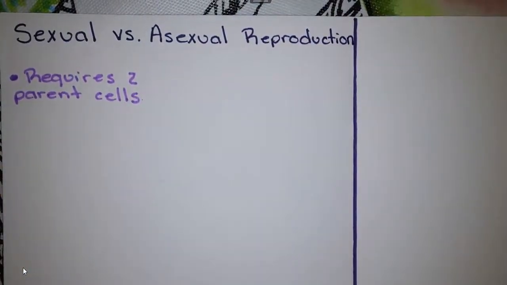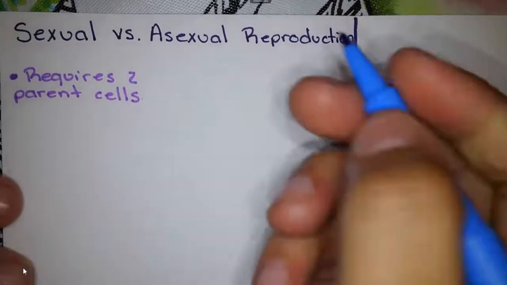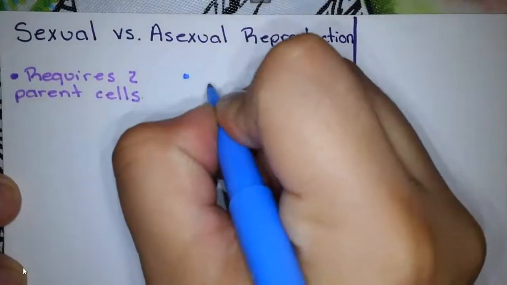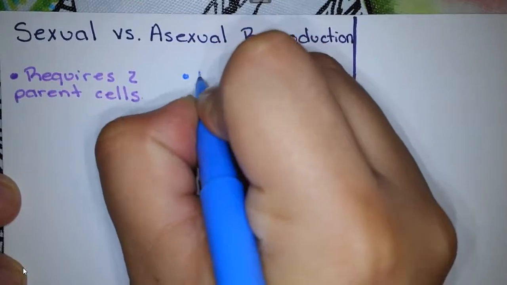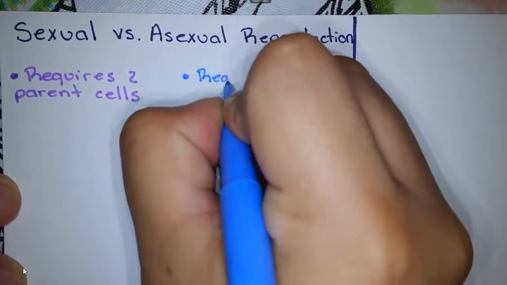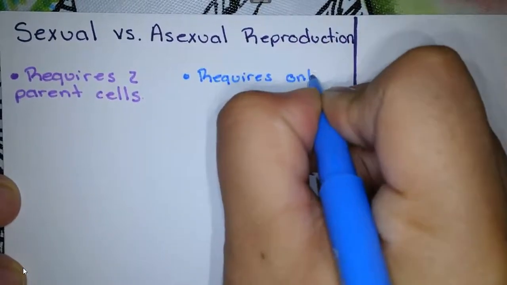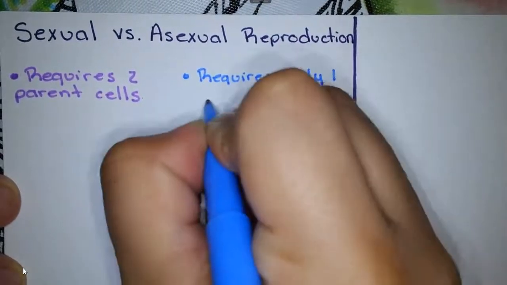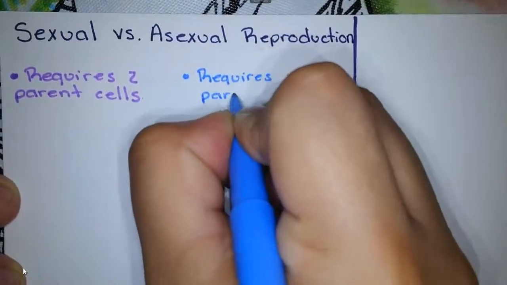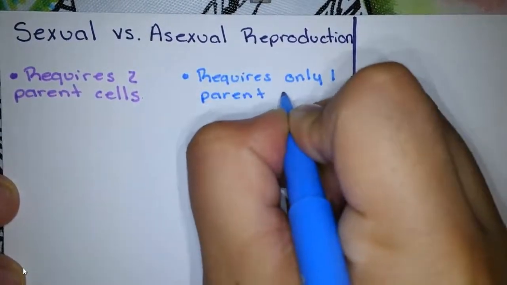Unlike asexual reproduction, it requires only one parent cell.